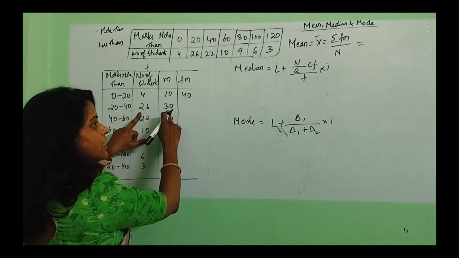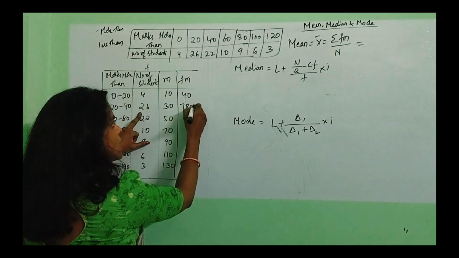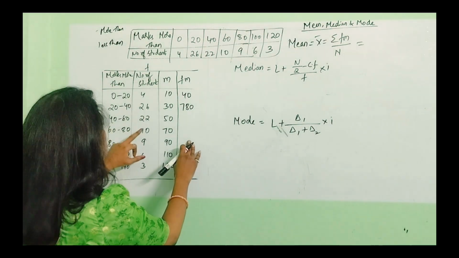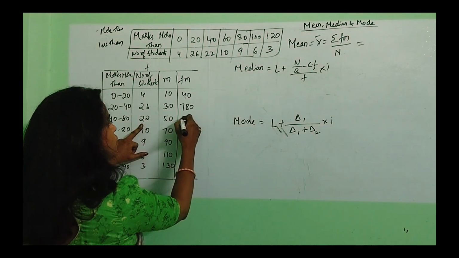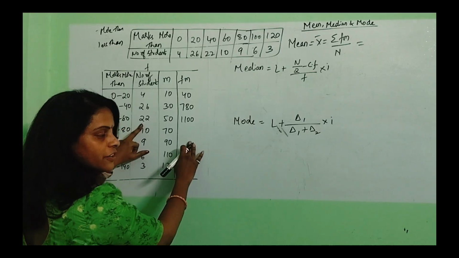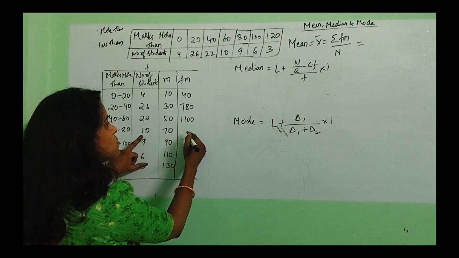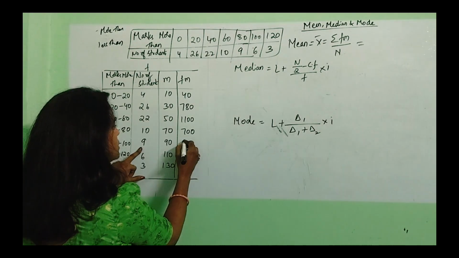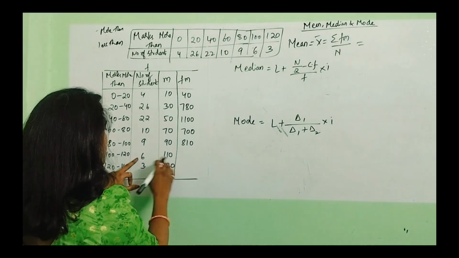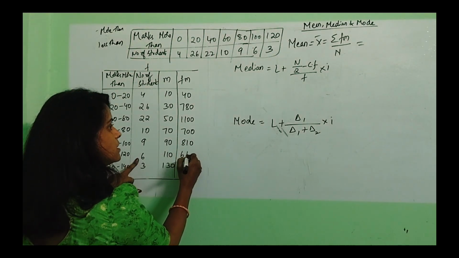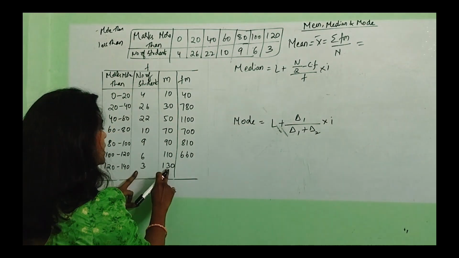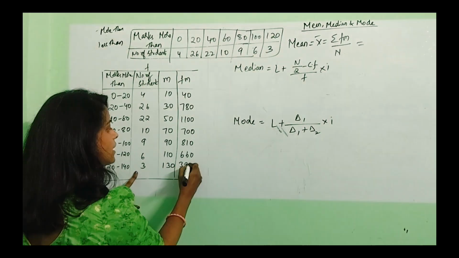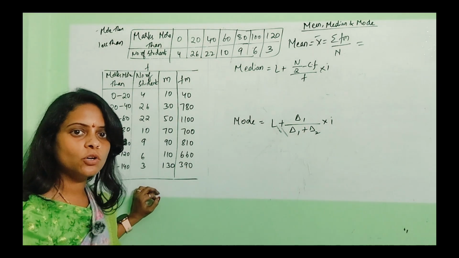Next, 26 into 30, that is 780. Next, 22 into 50, 1100. 10 into 70, that is 700. 9 into 90, that is 810. Next 6 into 110, 660. Next 3 into 130, that is 390. So we got all the values.